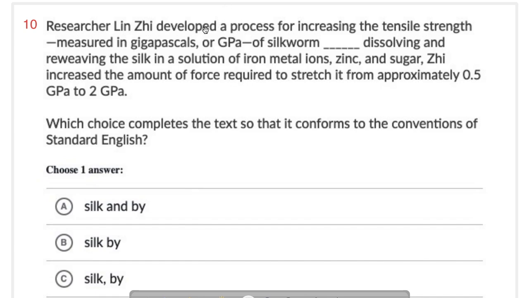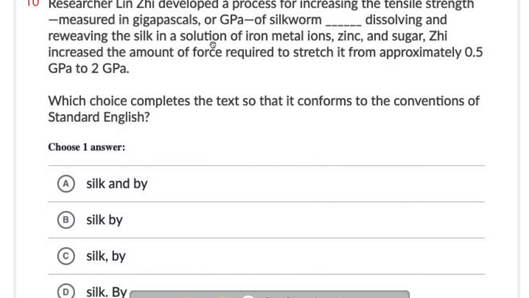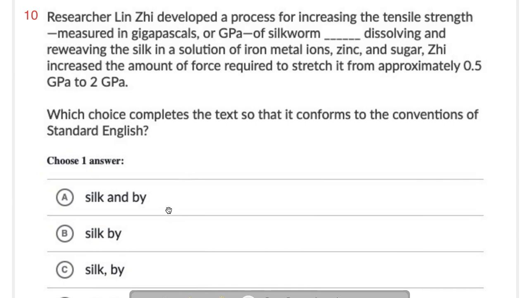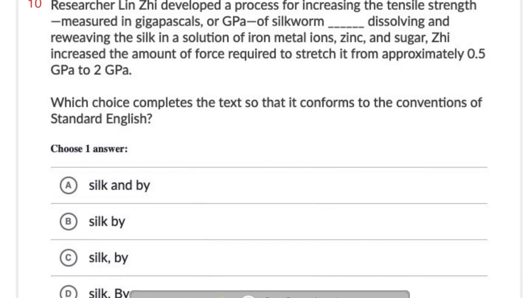Researcher Lynn Z developed a process for increasing the tensile strength of silkworm silk, dissolving and reweaving the silk. Okay, so what we're going to do here, we need to read the whole thing.